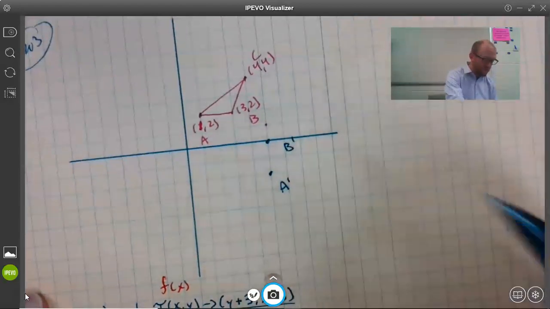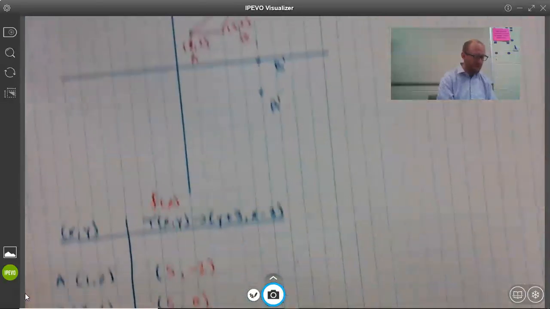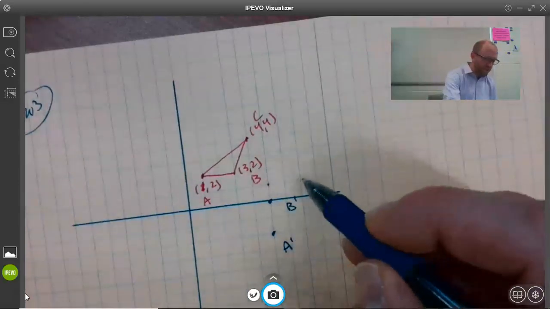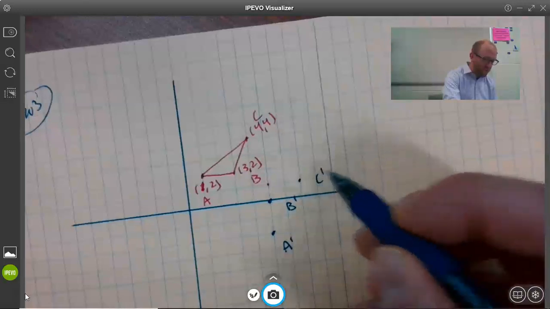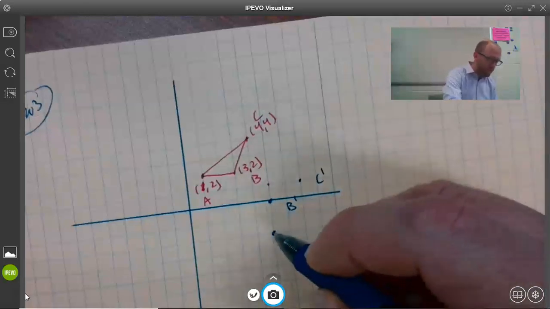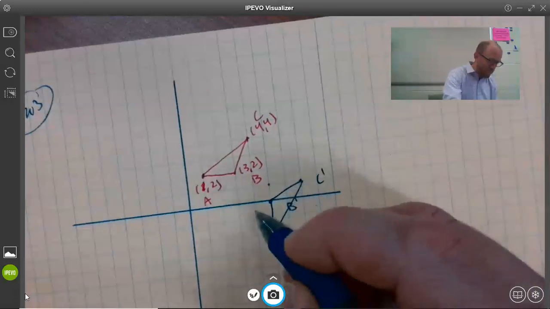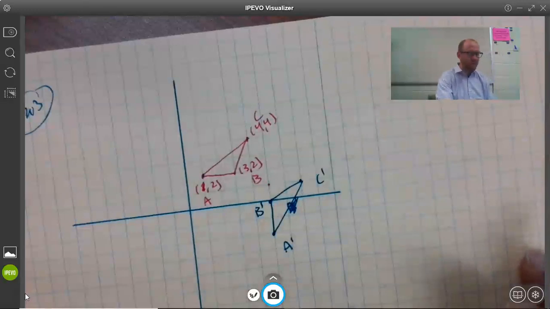So that's B prime. And then C ended up at 7, 1. So 5, 6, 7, up 1. And this is C prime. Here's our triangle. And there, I'm going to write B prime over here. Okay. So there's our whole triangle, there's our new triangle.